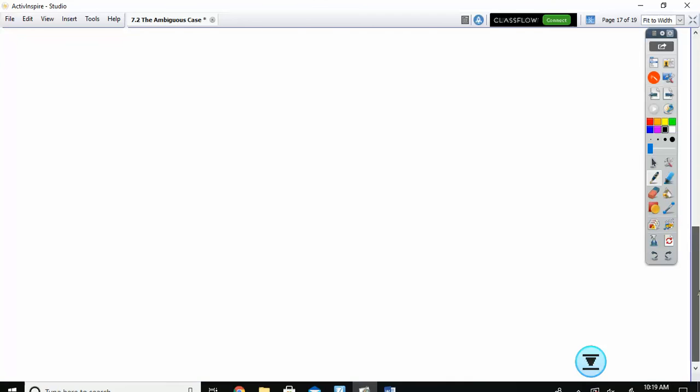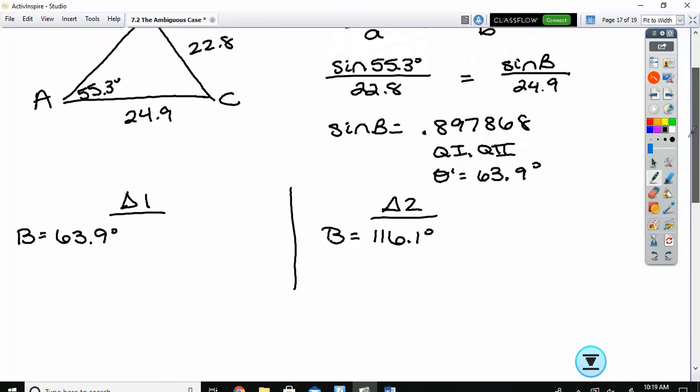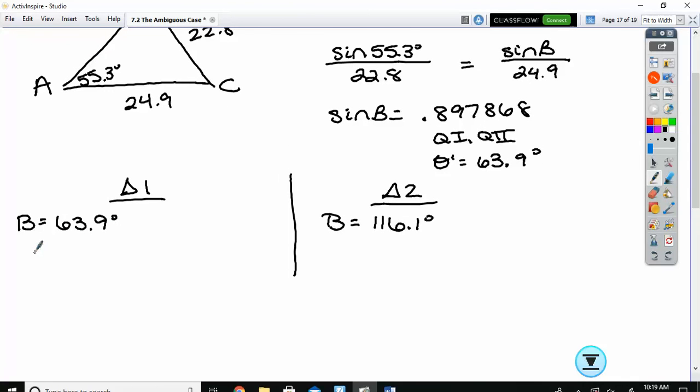So we are working under the assumption right now that there are two triangles. To find C, you do 180 minus the 63.9 and the 55.3 from the problem. And that's 60.8, so we do have this triangle.